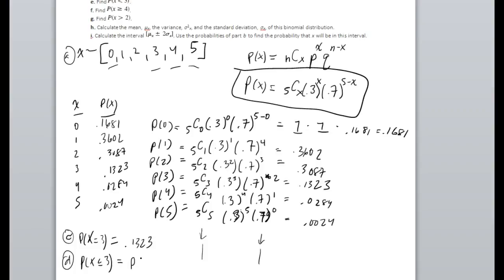We'd say that this would essentially be equal to the probability of x equals 0, plus the probability of x equal 1, plus the probability of x equal 2, plus the probability of x equal 3. So we just add all those up, which we have over here, and we are going to get 0.9692.